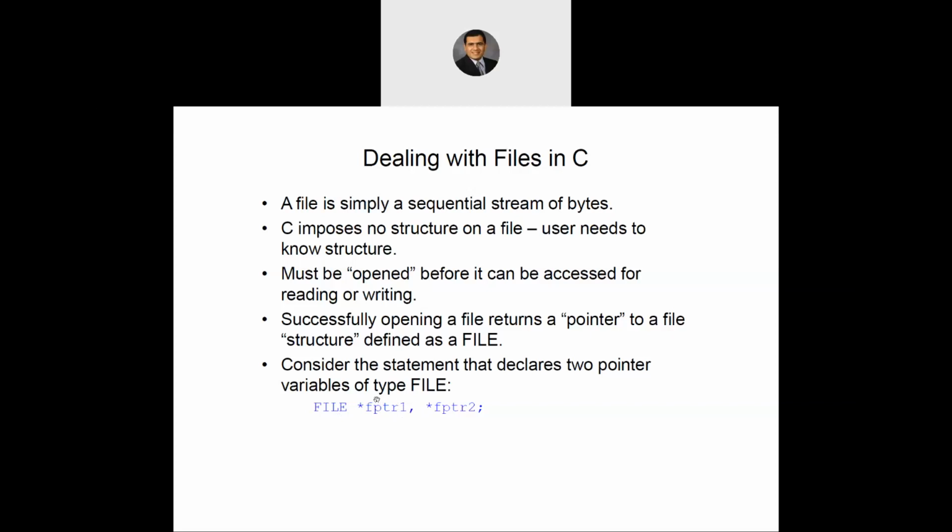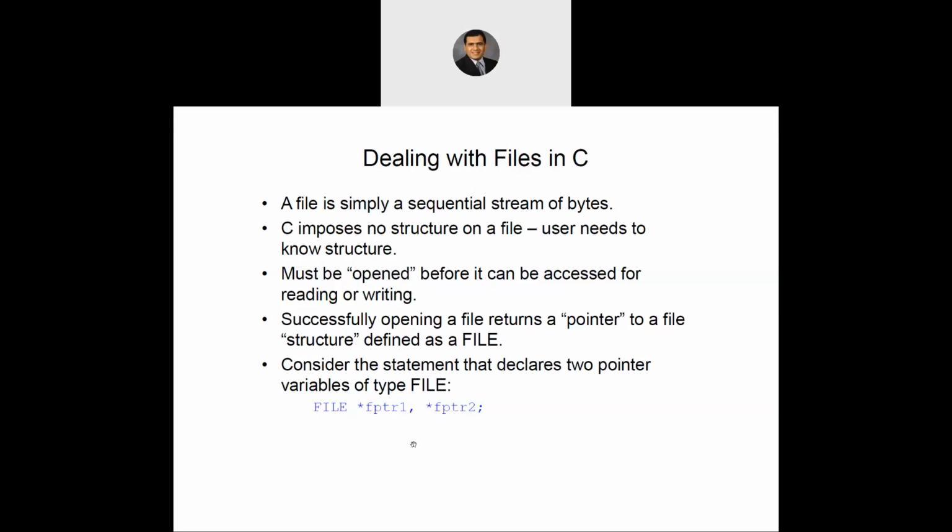So right here, I'm creating two file pointers, fptr1 and fptr2. Now, what do these file pointers do? Nothing at this moment, because you have to associate these file pointers to a file. As well, it has to be told whether you are for reading or for writing.